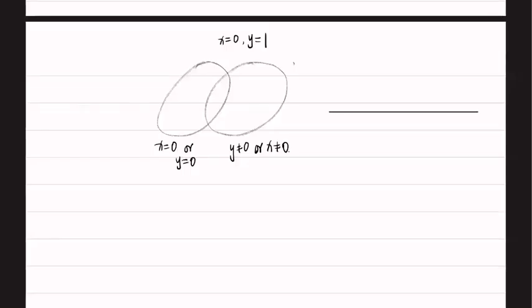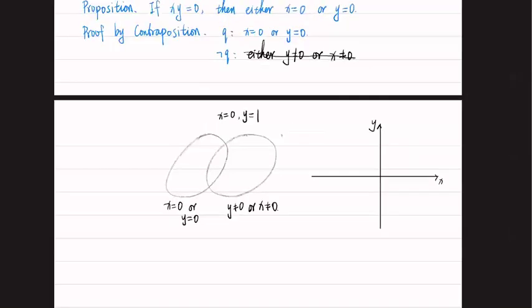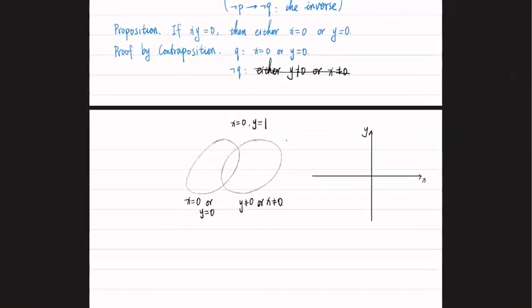Easier to go this way. Our proposition is either x is 0 or y is 0.